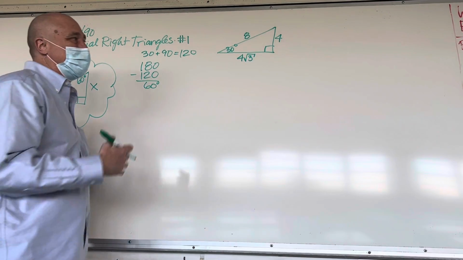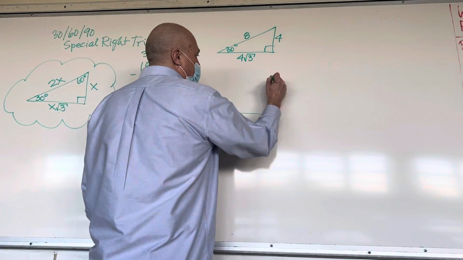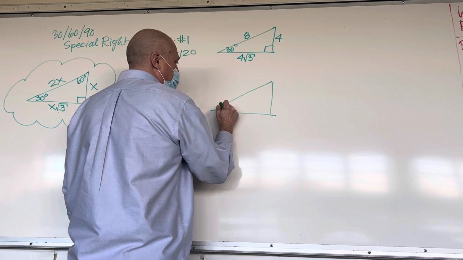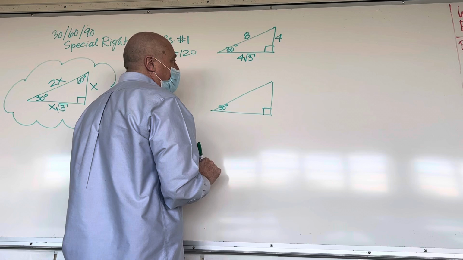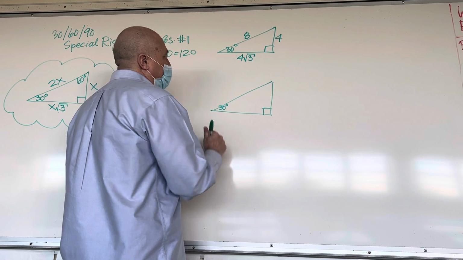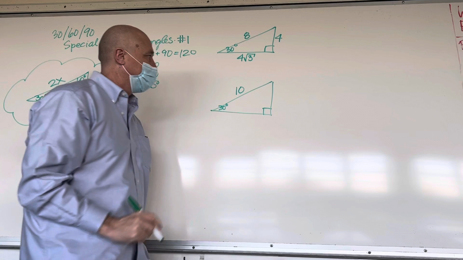Okay, let's take it up a notch. Here's where the complication comes in. Let's say we have another 30, 60, 90, so you know the ratios now. Now they tell us that this side up here is 10.